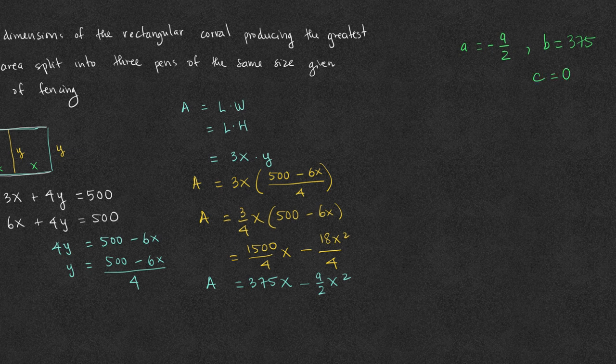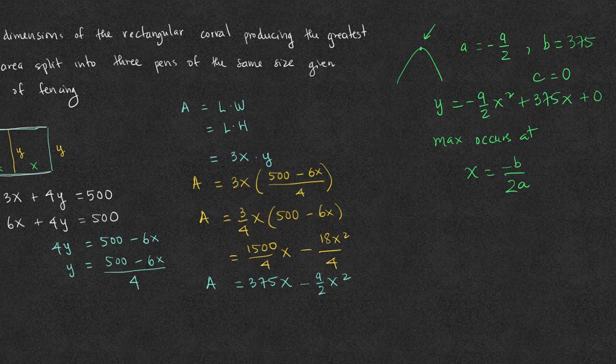In standard form, this is y equals negative 9 over 2 x squared plus 375x plus 0. This parabola's graph is concave down, and so it has a maximum. The maximum occurs at x equals negative b over 2a, always, if the graph is concave down.